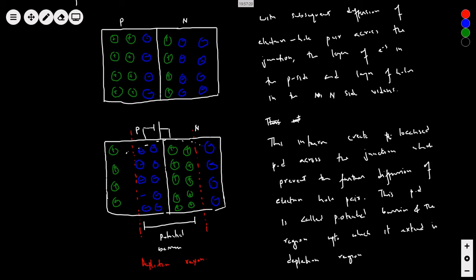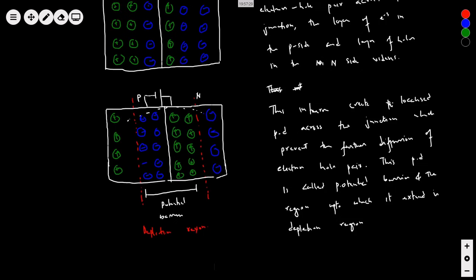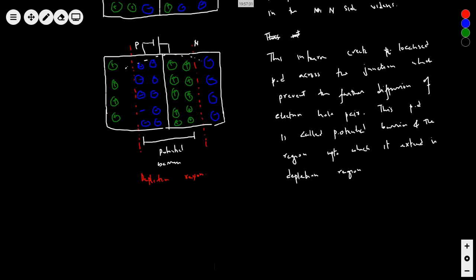Now because of this, the diffusion current completely stops. Also note, the n side has now become positive and the p side has now become negative. So an electric field now exists from the n side to the p side.